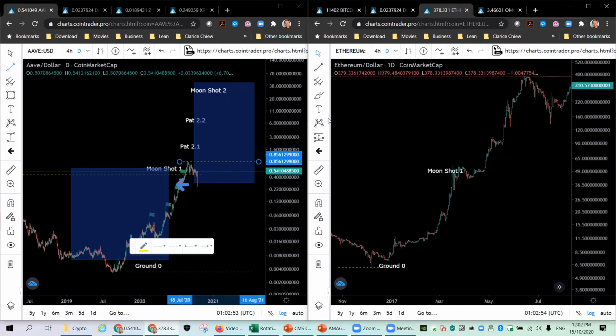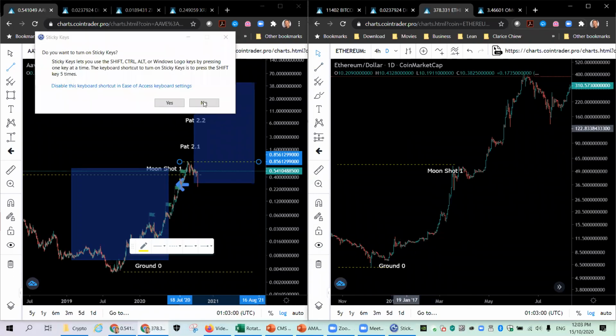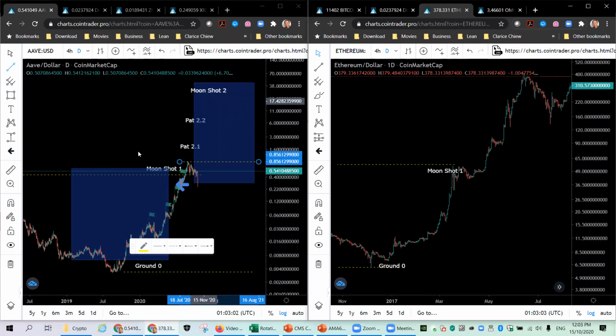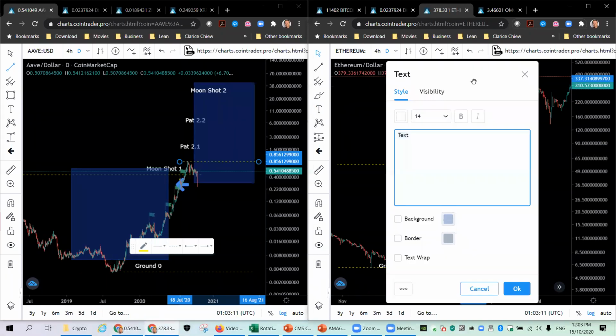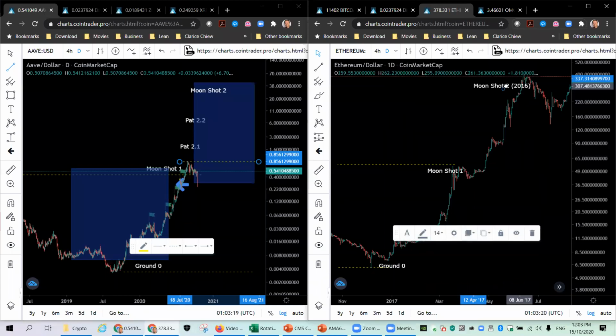All right, that will be a moonshot one position. That's close enough for moonshot one. So you can see we are lining up moonshot one, and moonshot two for Ethereum is right there. This is 2016, guys. This is moonshot two Ethereum 2016, the last cycle. That's right up there.